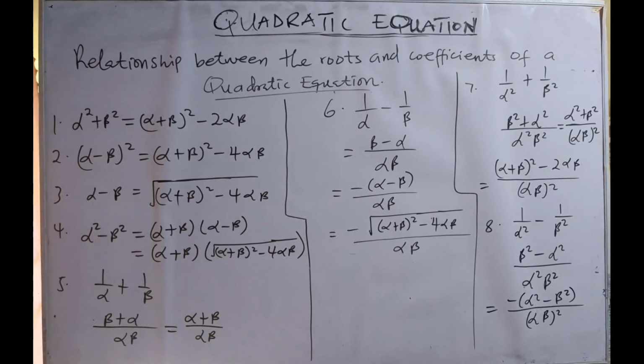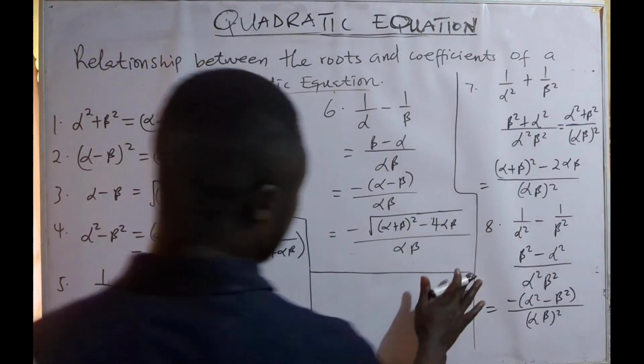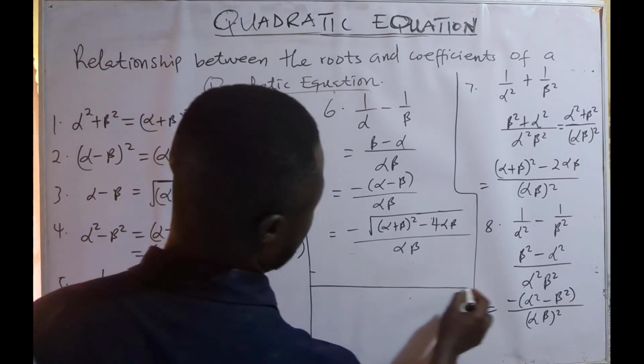So minus, alpha squared minus beta squared, minus 1 gives minus alpha squared, and then when you remove the bracket, you get back the minus alpha squared and then the beta squared. Alright, so what is this one going to give us? Okay, so let me continue from down here.